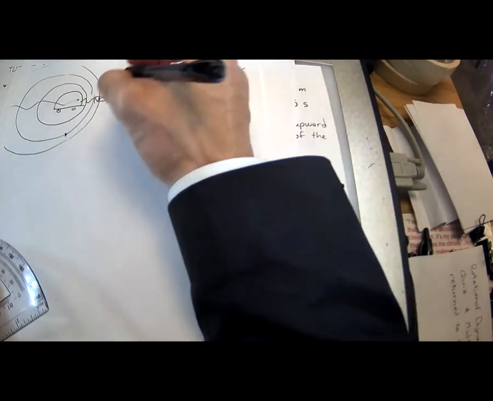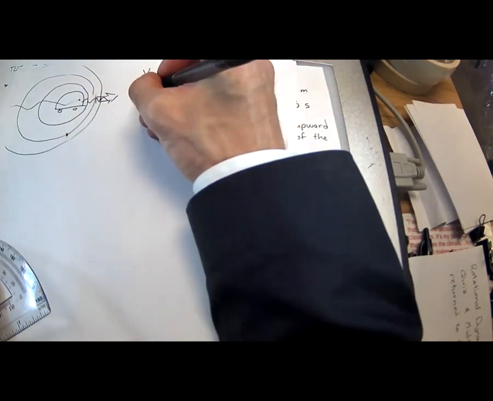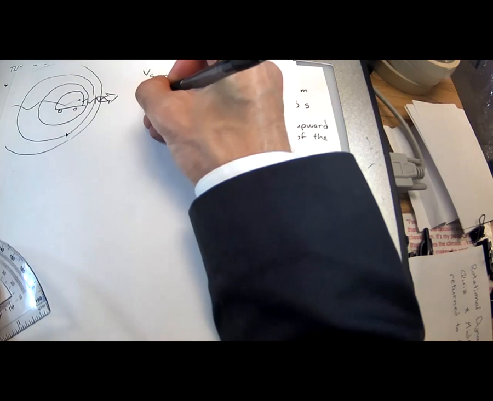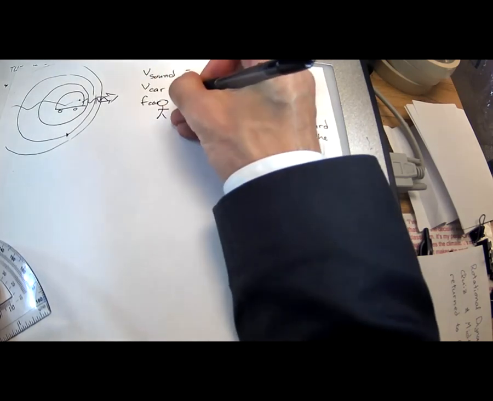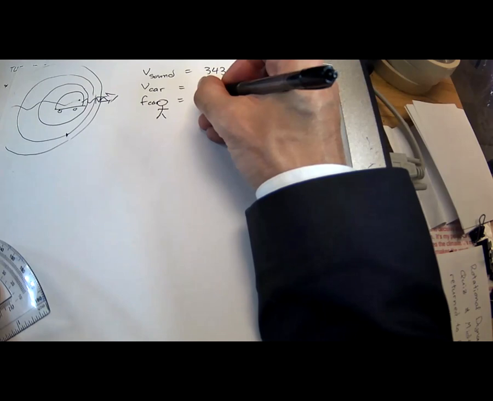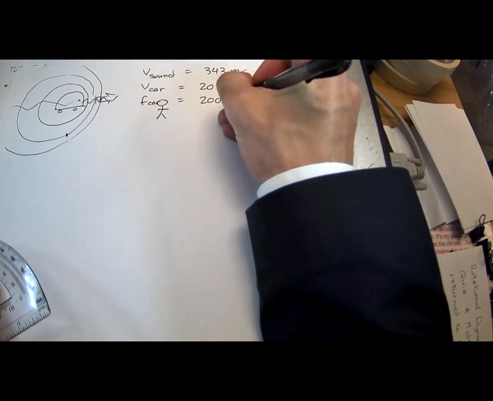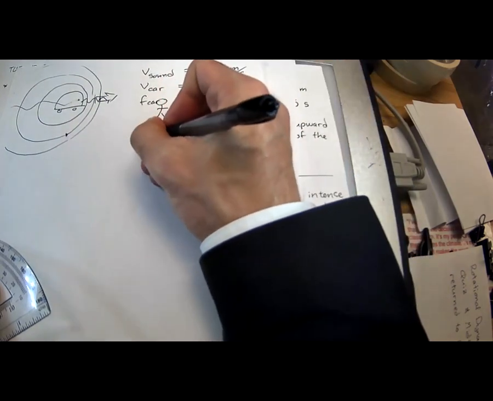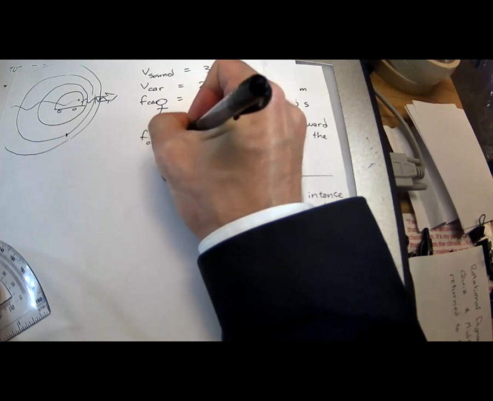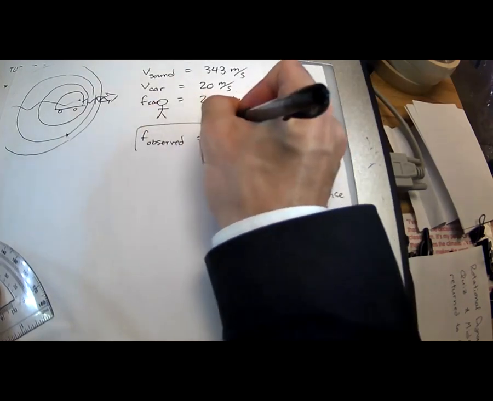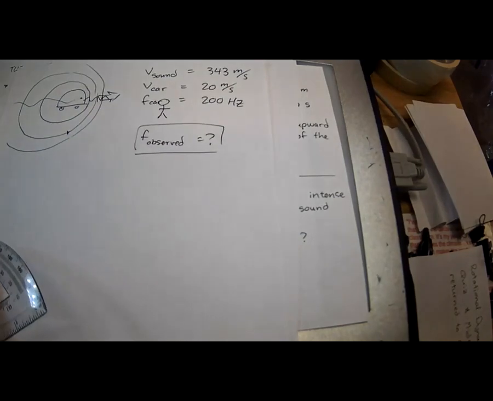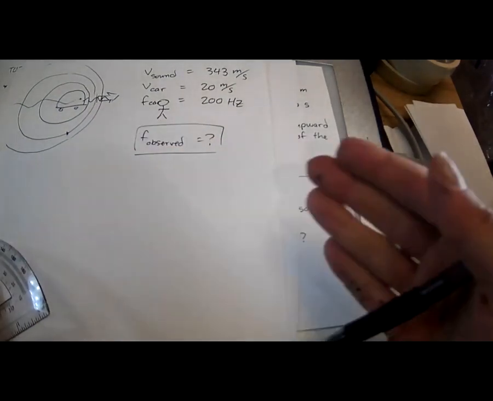And let's say the source frequency from the car is 200 hertz. What is the frequency observed? This guy is perceiving what? Now, it would have to be more than 200 hertz, right?